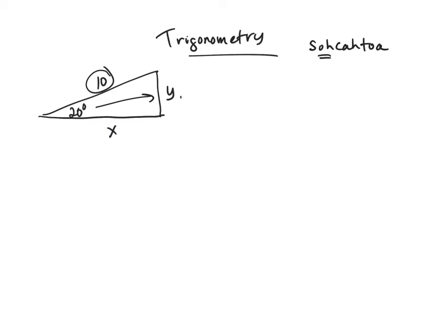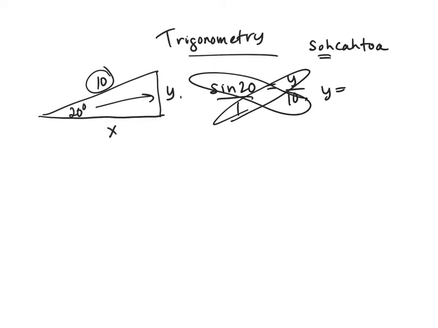Opposite and hypotenuse is the S, which stands for sine. So I know that the sine of 20 will equal the opposite, y, over the hypotenuse, 10. The sine of 20 is just a decimal, so I'm going to cross multiply here. Y times 1 is y, and I'll multiply 10 times the sine of 20.